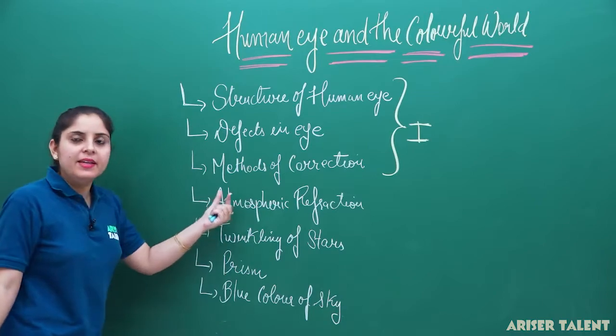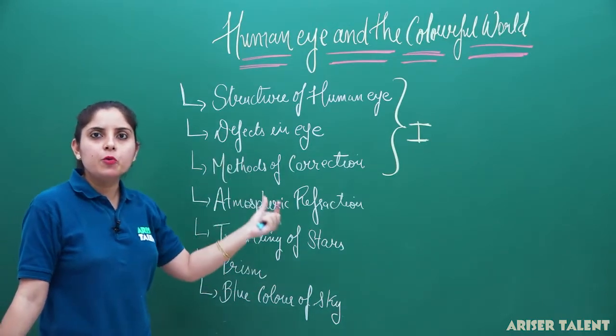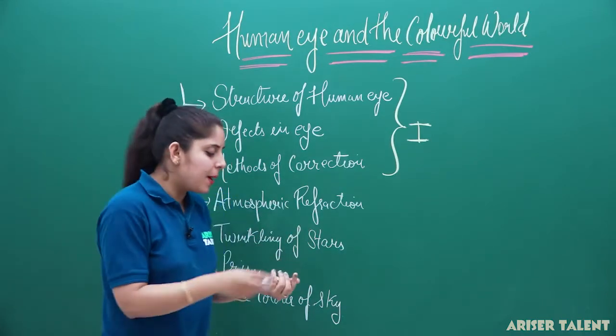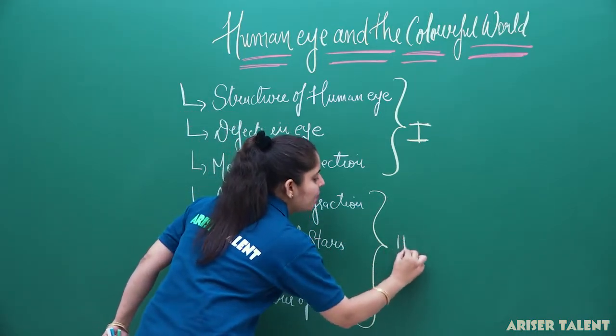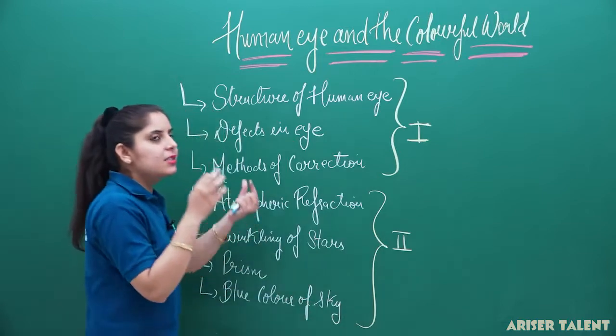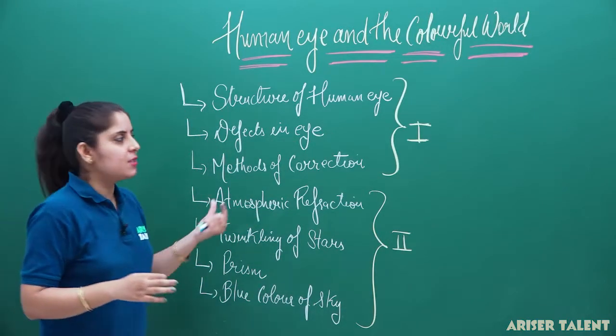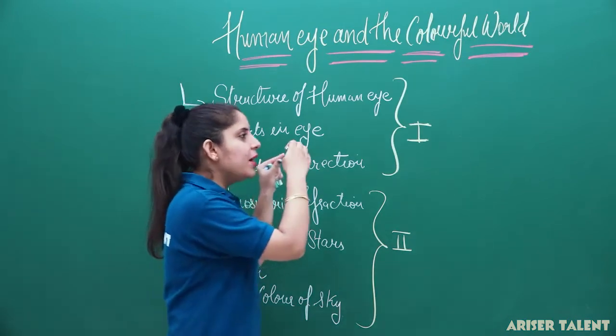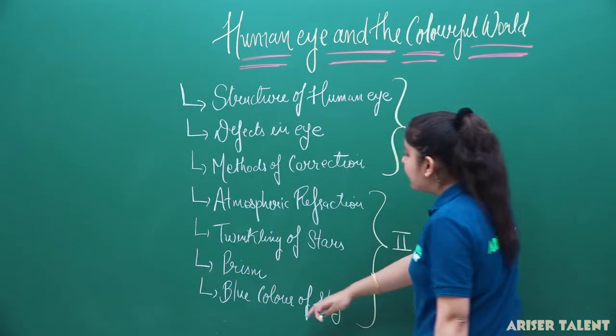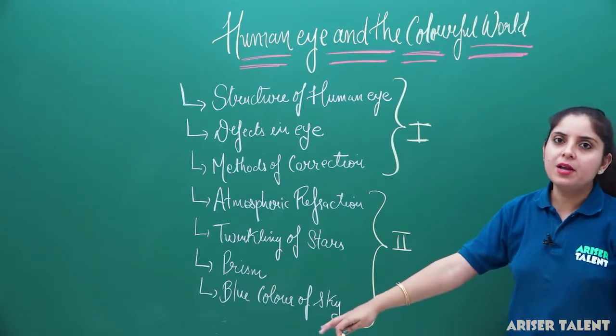These are very interesting topics that we are going to answer in the next half of the chapter, the colorful world. This is the second half of the chapter, and in fact this is a very short chapter of physics. Starting with the structure of the human eye, we are going to end this chapter at the colorful world, that is the blue color of the sky.